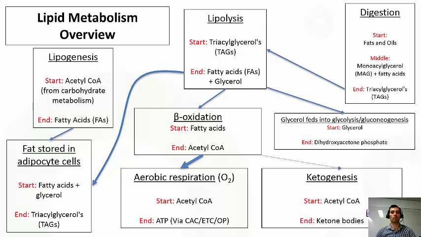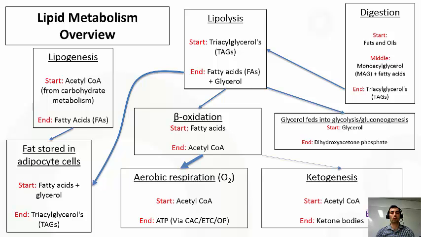Then what would happen? If there's not sufficient oxaloacetate, then the acetyl-CoA from beta oxidation is instead used to make ketone bodies in the process called ketogenesis.